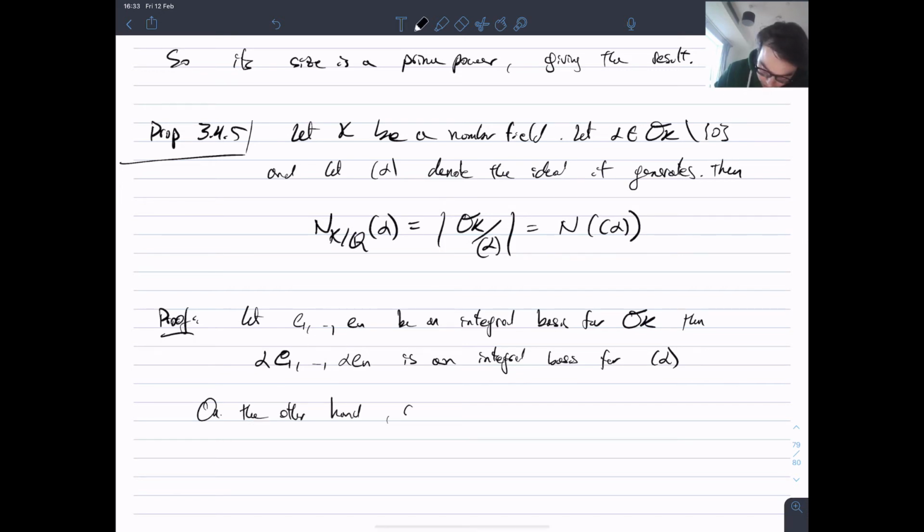On the other hand, we have that (alpha) is an ideal contained in O_K, which as additive groups is isomorphic to Z^n. Here I should clarify, n is the degree of my field.